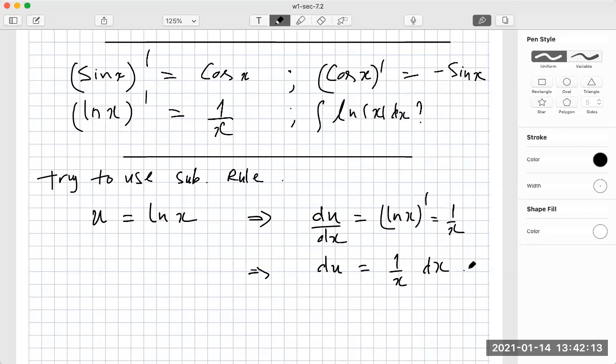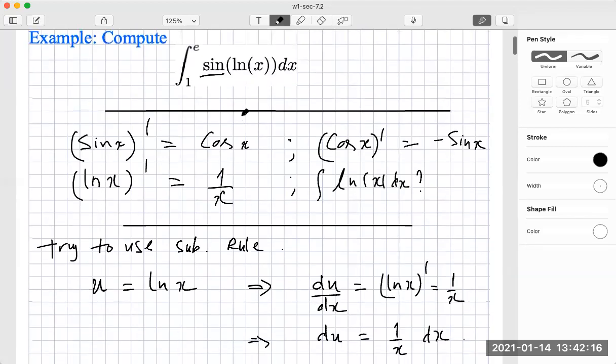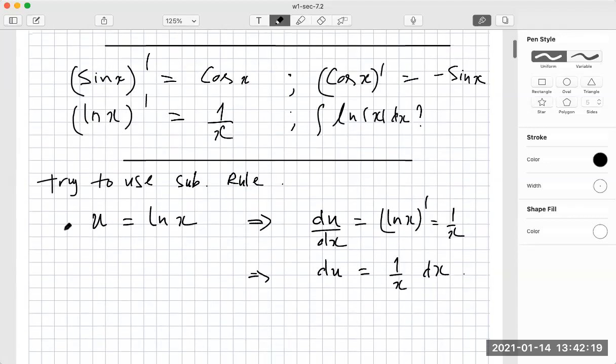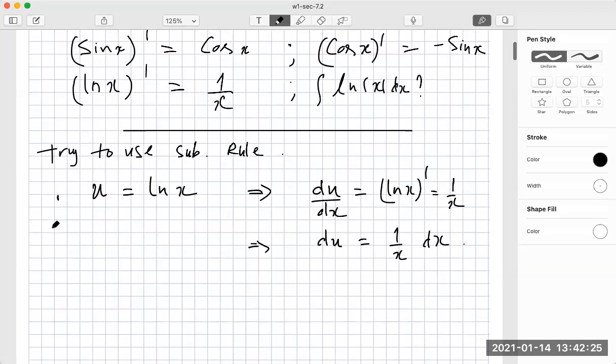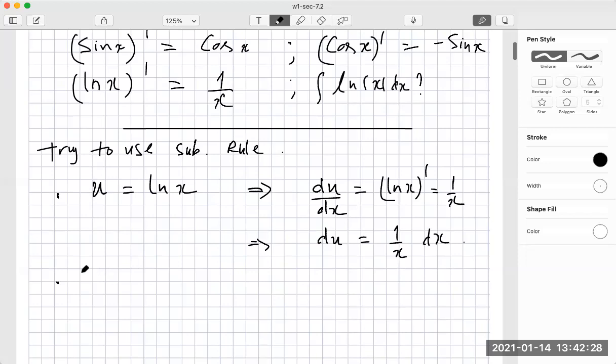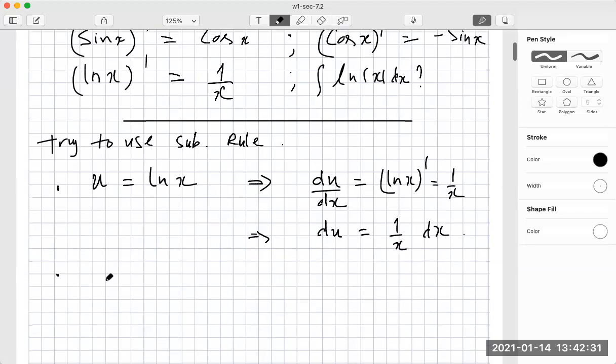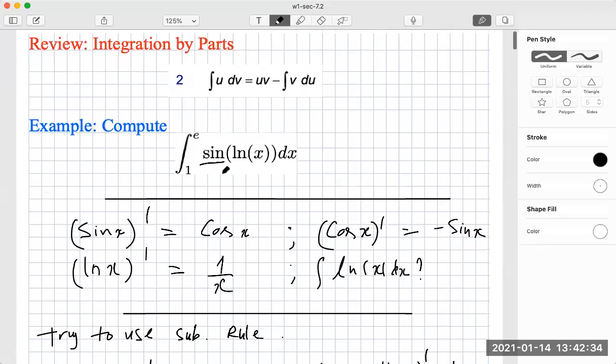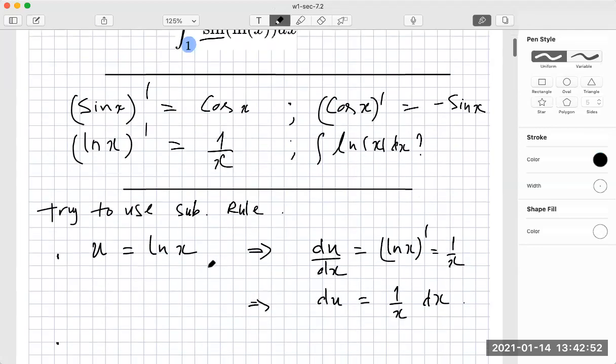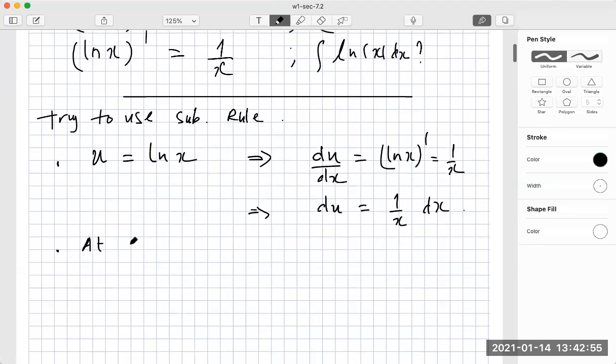Previously, we needed to compute this integral in terms of x. Now we change everything into u. What should we do now? Yes, we need to rewrite the integration here, right? But in order to rewrite it, we need to find the corresponding value in the u coordinate. Here, the interval we compute is when x is equal to 1 to e.